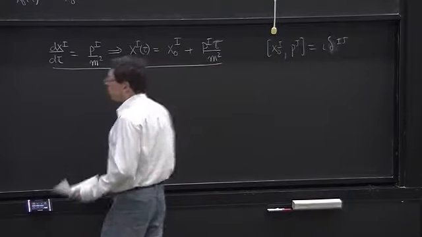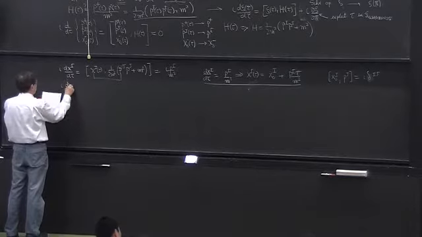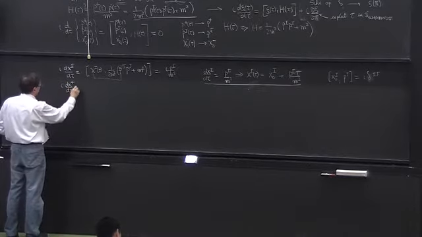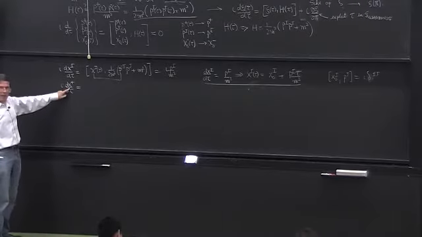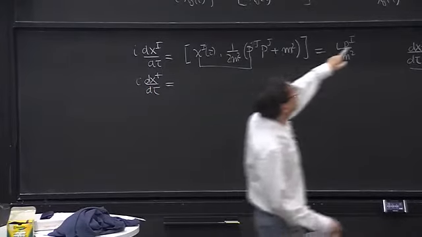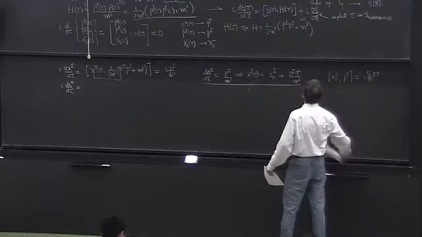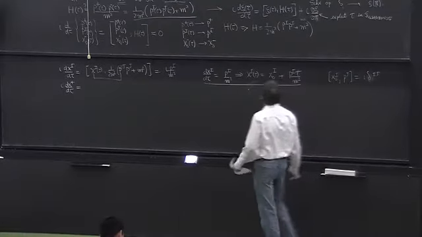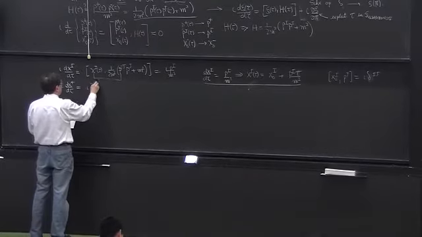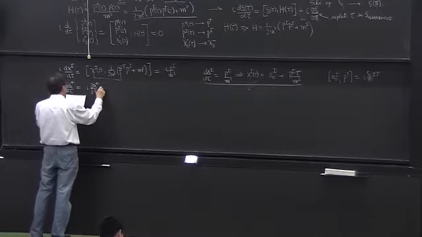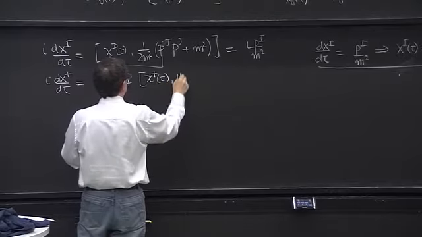So this is good. You can try a tricky one, i dx plus d tau. You say, wow, but x plus is a Schrödinger operator with explicit time dependence, so I need the whole thing, this whole thing with the extra term. So you would have that this is i dx plus d tau, the last term, plus the commutator of x plus of tau with the Hamiltonian.